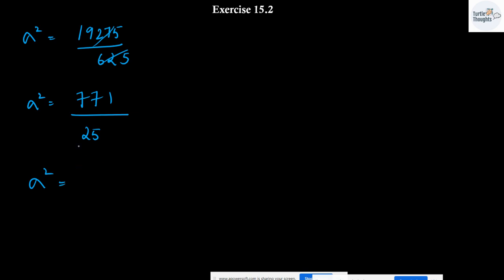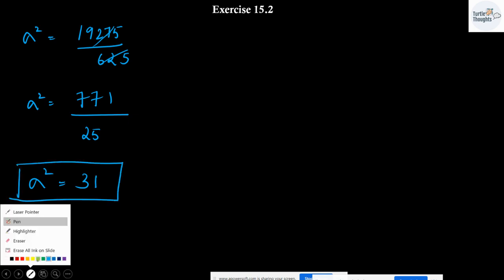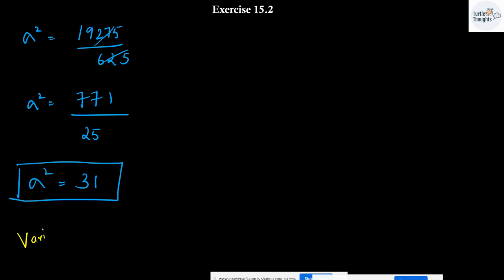This is going to be 3 times 30, point almost 9, so you can write this as approximately equal to 31. This is going to be the value of variance. If you use the calculator, you will be getting the exact value. I have taken the approximate value.